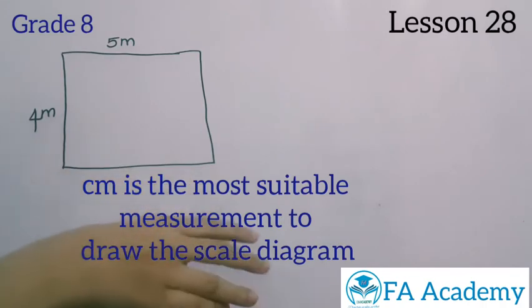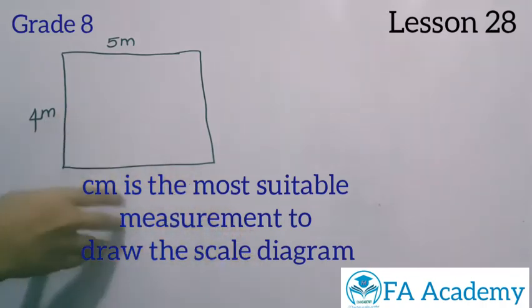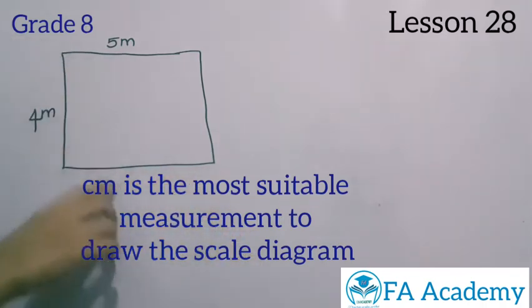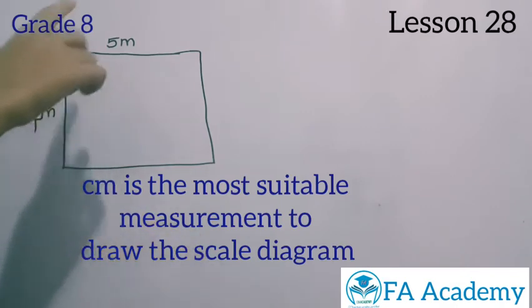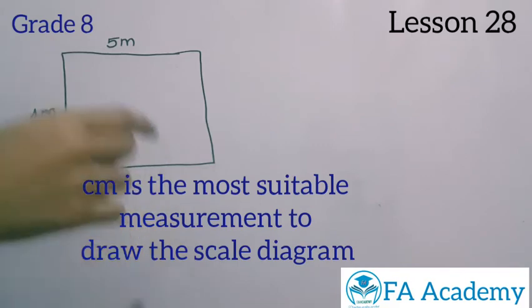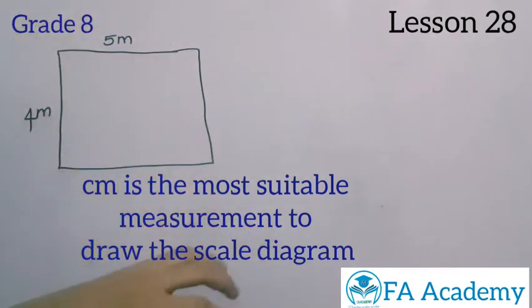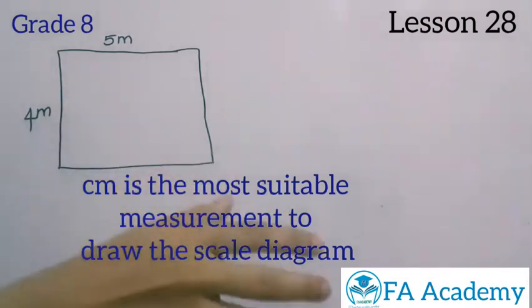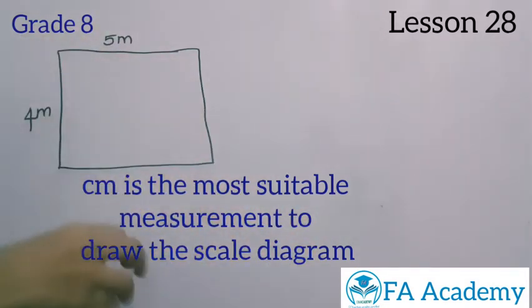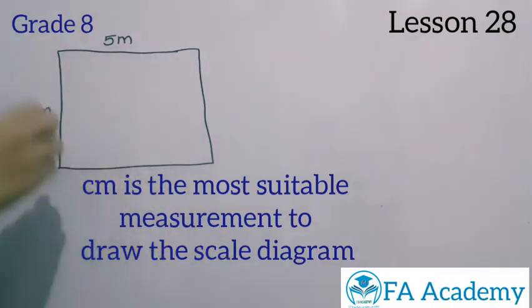No, definitely not, because a kilometer is bigger than a meter. So we take a measurement which is less than a meter and which can be drawn on your book. We know that the centimeter is the suitable measurement, so that's what we selected now.